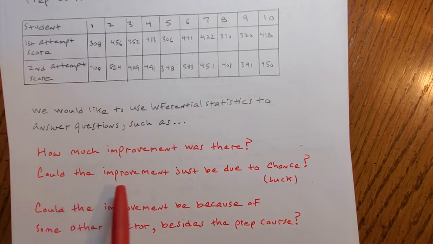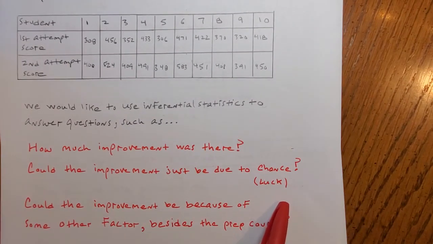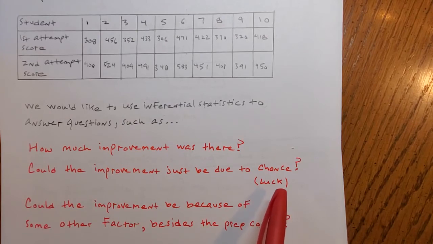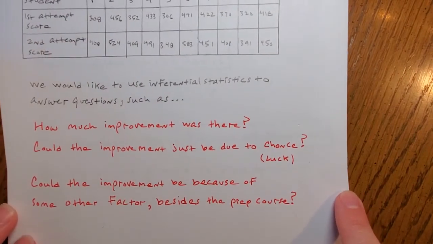As I mentioned, could the improvement that we see there, if there is improvement, just be due to chance or luck? How do we know that? If that's a possibility, we would want to rule it out somehow. Could the improvement be because of some other factor besides the prep course, right? Those are all the things I said could be going on here.